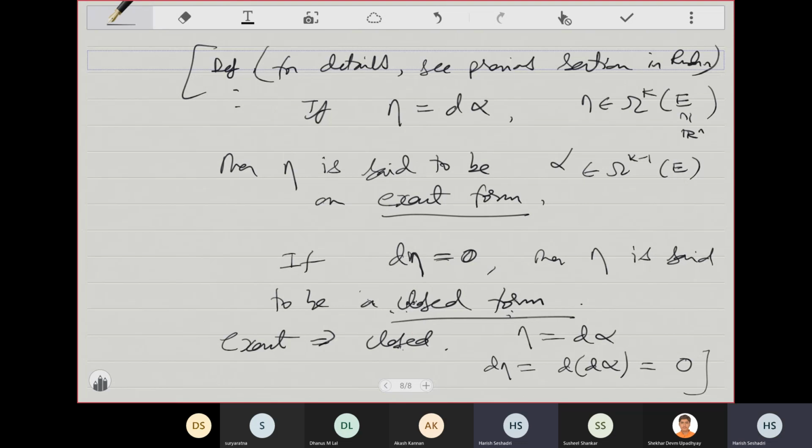What is important is the quotient space, closed forms modulo exact forms. So if you start looking for which closed forms are not exact, that has to do with what is called the topology of the underlying space.